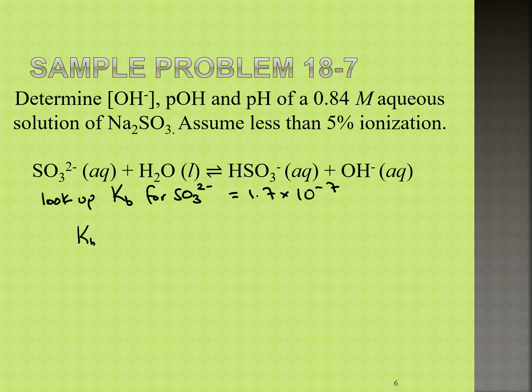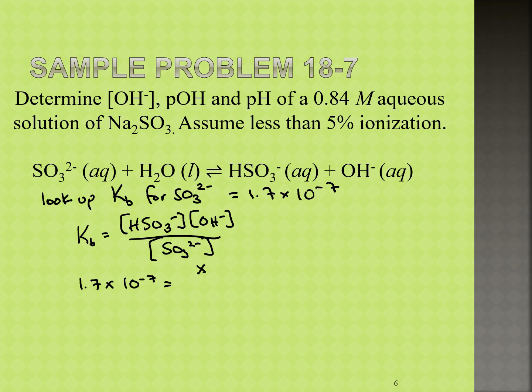So I know that Kb is equal to HSO3 minus times OH divided by SO3 2-. So 1.7 times 10 to the minus 7th is equal to x squared on top. Once we've done enough of these, I'm not going to write out the whole ICE tables.